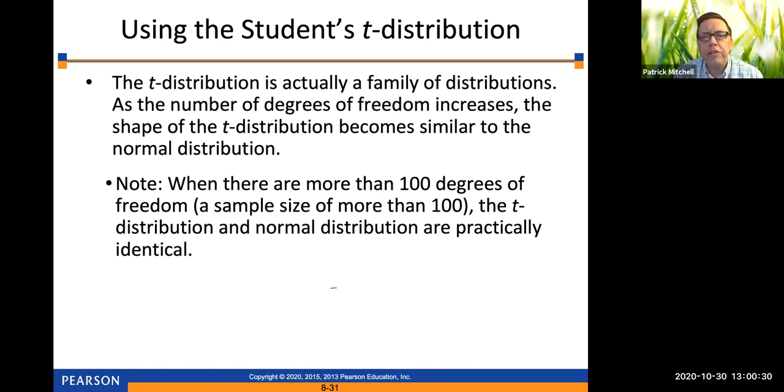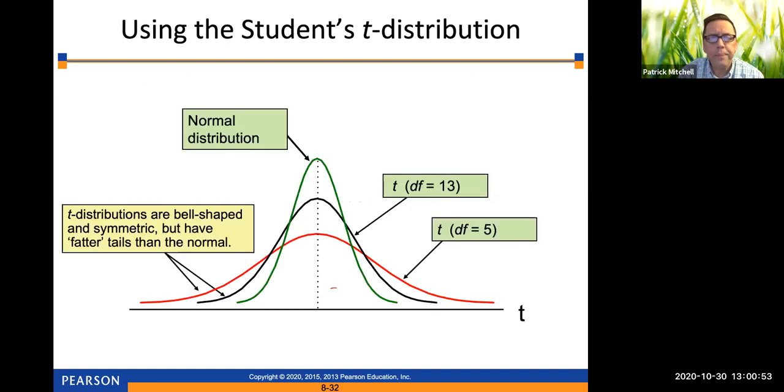The t-distribution is actually a family of distributions. As the number of degrees of freedom increases, in other words, as the sample size gets larger, the shape of the t-distribution becomes similar to the normal distribution. And when there are more than 100 degrees of freedom, the t-distribution and the normal distribution are practically identical.